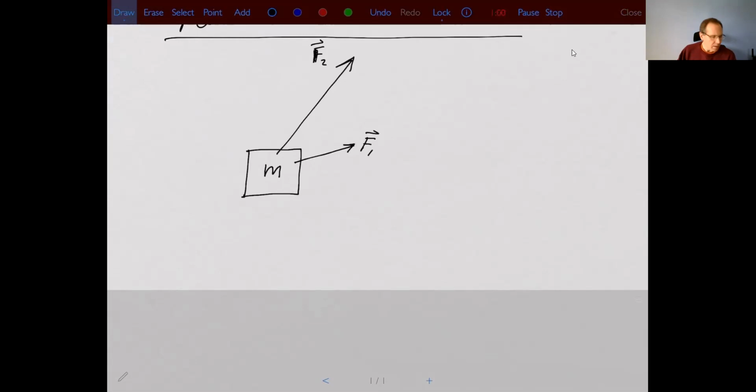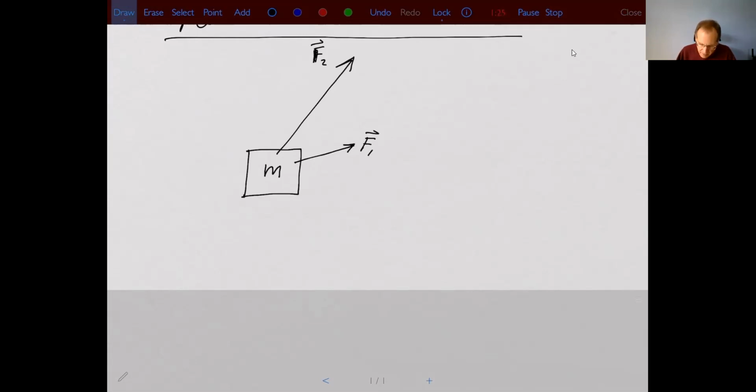Now, what we want to do is find the net force, which is the sum of those forces acting on the object. So how do I find the net force? I need to add those two forces together. You could do that if you had a coordinate system, analytically, by finding the components. Or for now, just to illustrate this, let's add them graphically, like they're vectors.